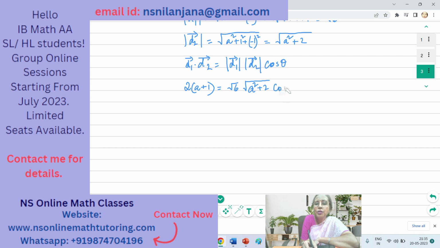So cos 45 degrees is equal to 1 over root 2. I'm not doing the rationalization to write root 2 over 2. I'm keeping it as 1 over root 2. Rather, I am writing root 6 as root 2 times root 3.